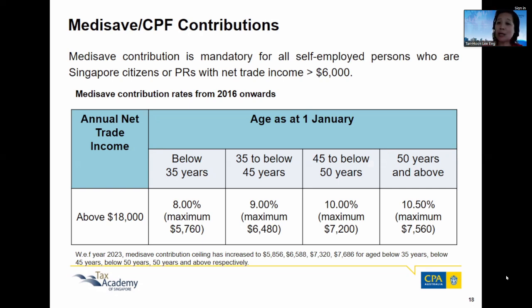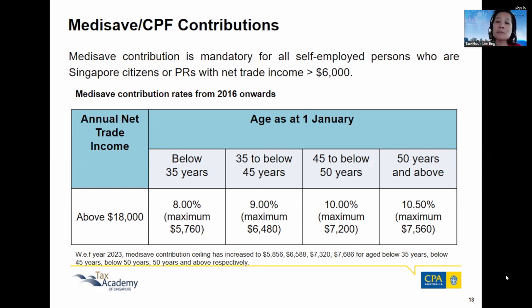If net income is 6,000, no need to contribute MediSave in that year. If net income is 6,100 and he is a Singapore citizen, then he has to pay MediSave. And how much MediSave does he need to pay? That is the table there. It depends on the net trade income and on his age as well.